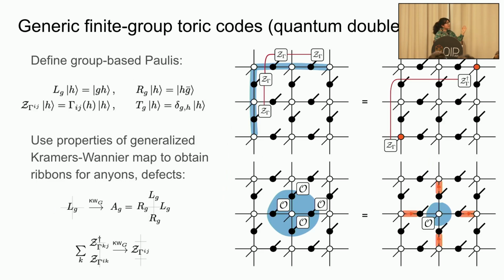So this works for, we show in the paper, I won't go into detail, generic toric codes defined for finite groups. We can derive the known Ruben operators for anions in these theories. And we can also derive new expressions for these symmetry defects, which correspond to symmetries at the group level, meaning that these are automorphisms of the group that I'm defining, that's defining the local Hilbert space of my theory.